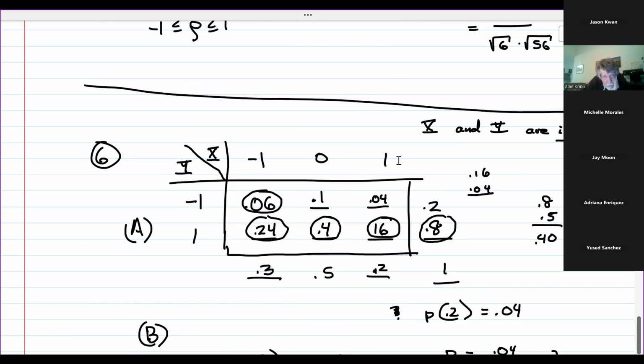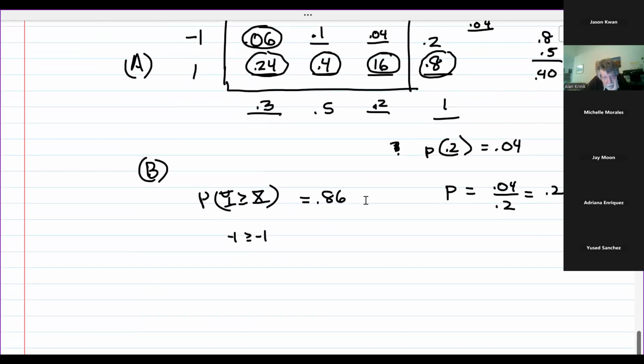Is -1 greater than or equal to 1? No, don't include it. Is 1 bigger than or equal to -1? Yes, include it. Is 1 greater than or equal to 0? Yes, include this probability. Is 1 greater than or equal to 1? Yes, include that. If you add up all of these, you should get 0.86.